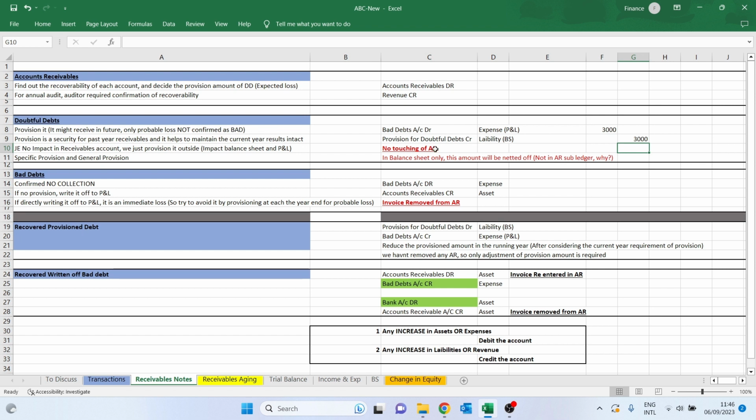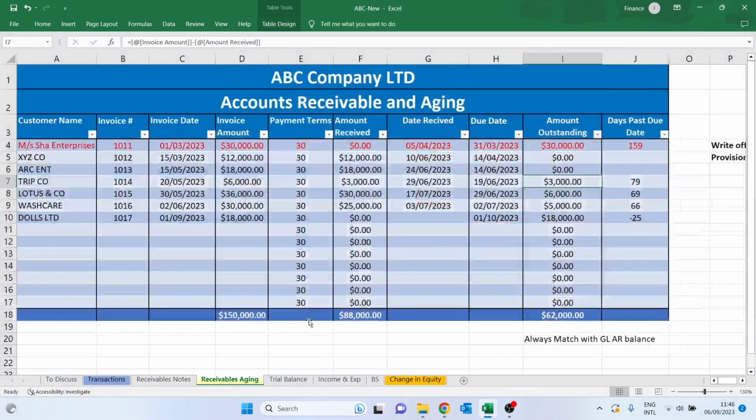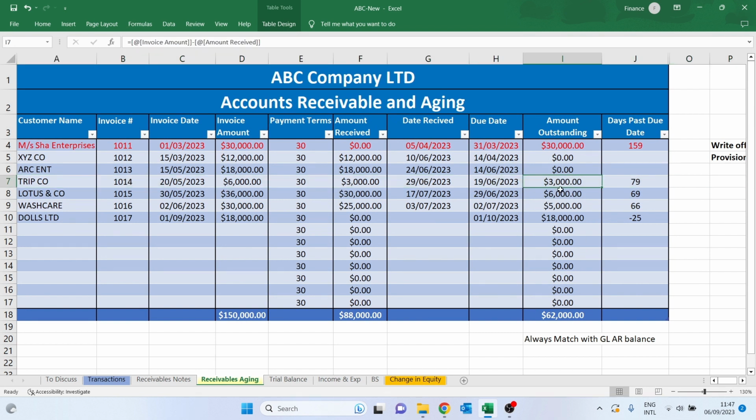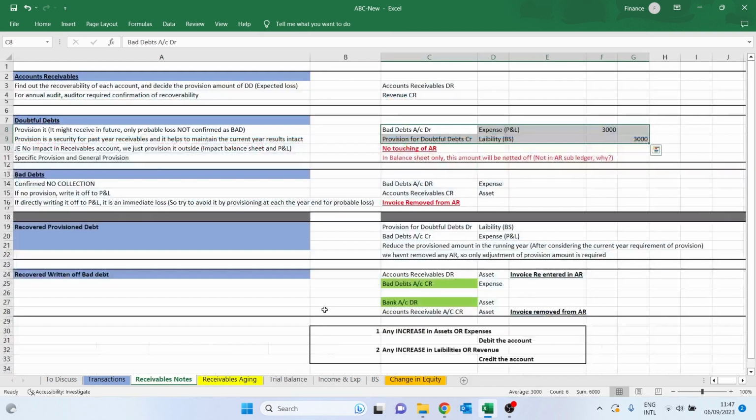So what is happening here actually? We are not touching the accounts receivable subledger. We are not removing this invoice. This is still there in the accounts receivable aging report. At the same time, we have secured the loss on 31st of December at year end, with 3000, and it is reflected in the balance sheet.